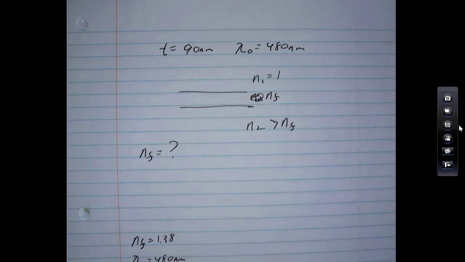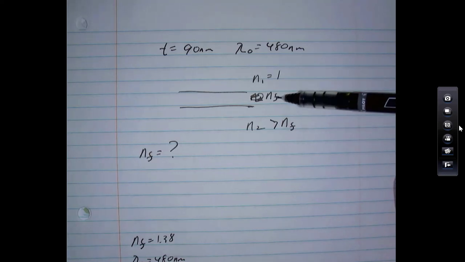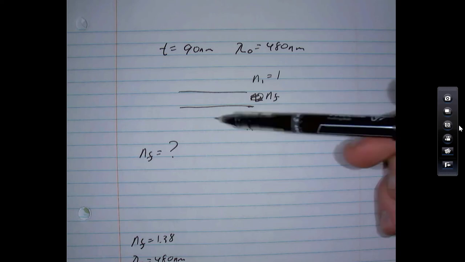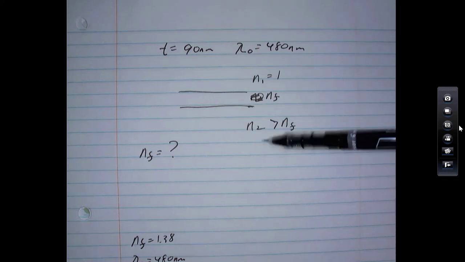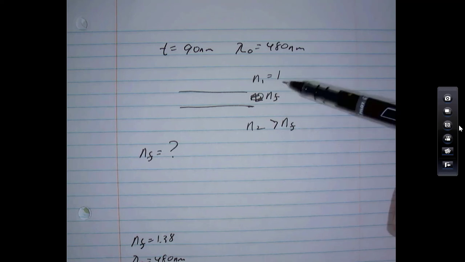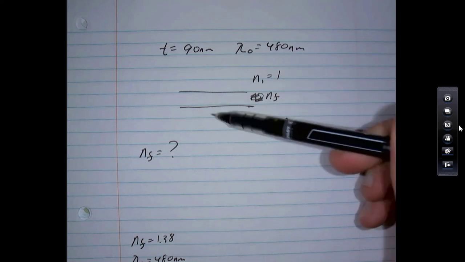So again, the way to do this is to refer to your table. We want destructive interference, and it looks like this is the middle value again. This is going to be bigger than air, but it's going to be less than whatever substance we're on here, probably a lens. So same idea, this is the middle value. Bigger than air, but smaller than whatever it's on.